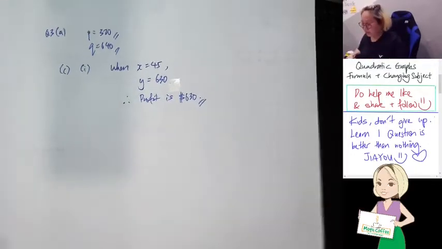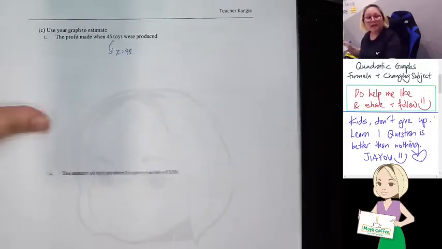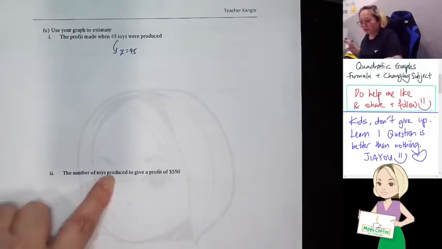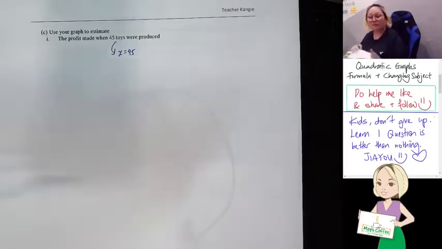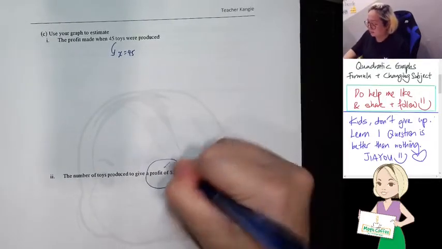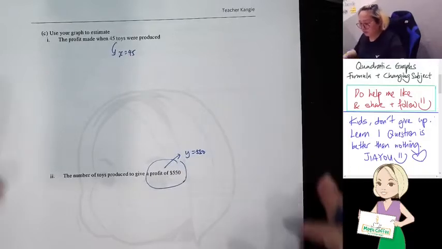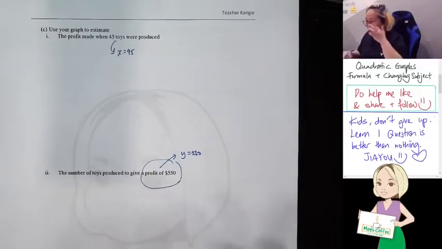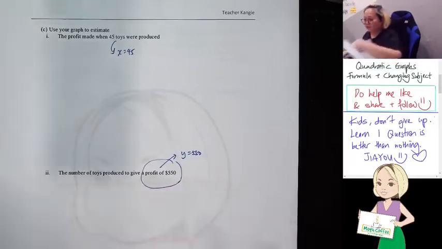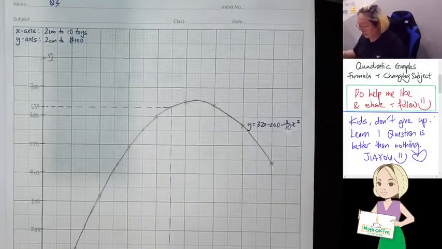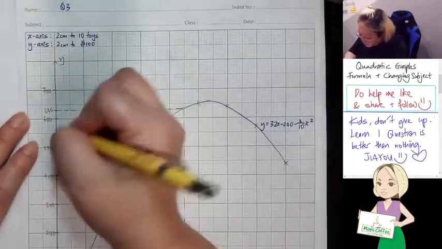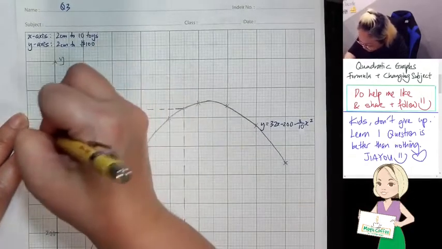Okay? Now part 2. They ask you to find the number of toys produced when profit is 550. This means that Y is equals to 550. Okay? No problem. So go to Y equals to 550. Where is it? Let's see. My 550 will be between here. So this is my 550.